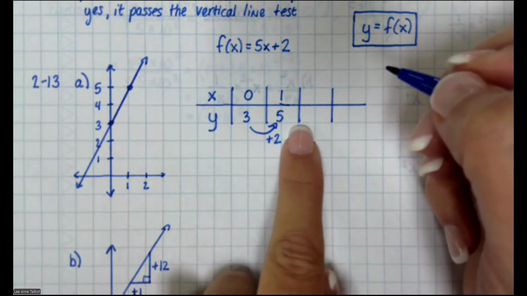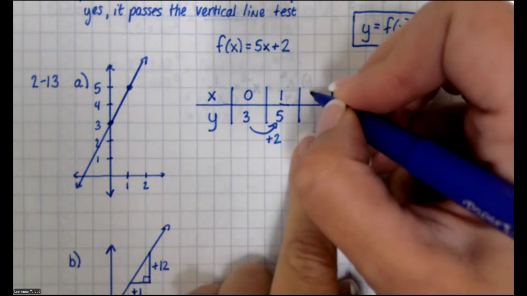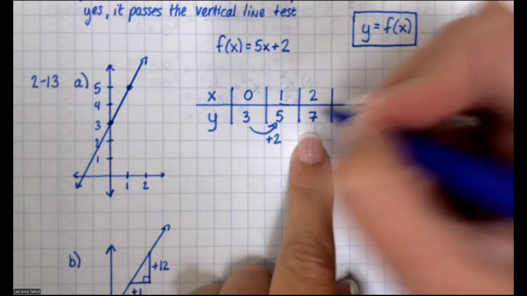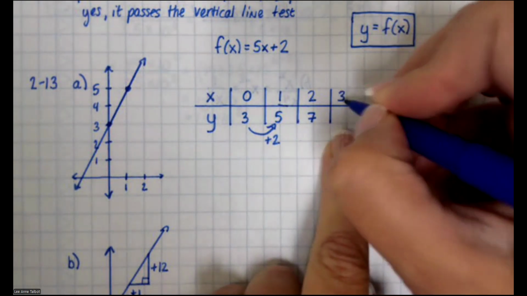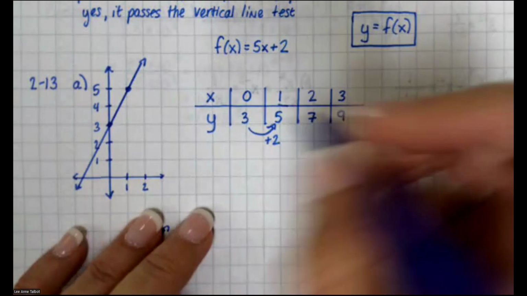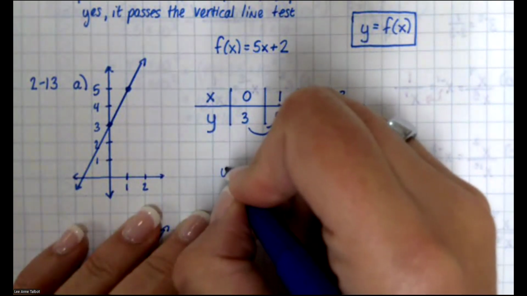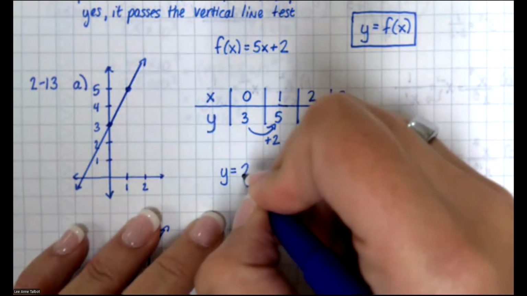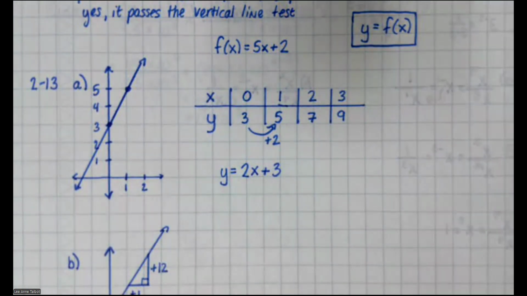Even though it goes off the graph, what should the next coordinate be? 2, 7, and then 3, 9. Beautiful. Now you have the graph, you found the table. Now we find the equation, y equals growth x plus figure 0.